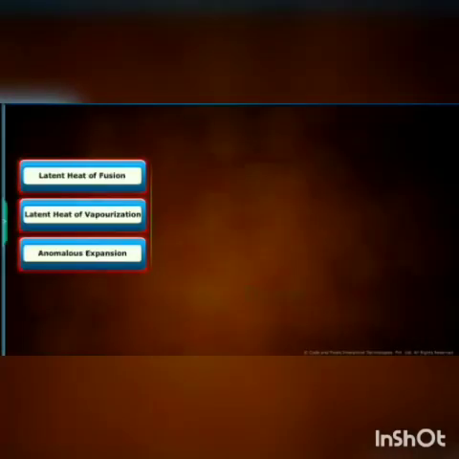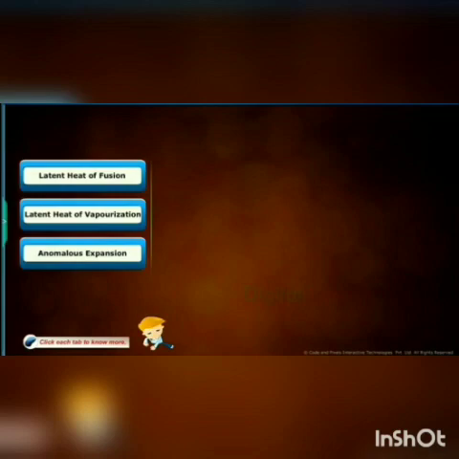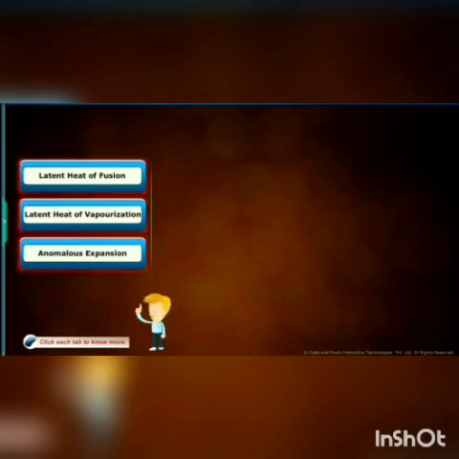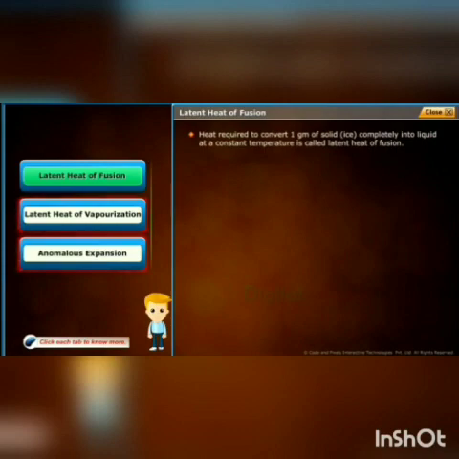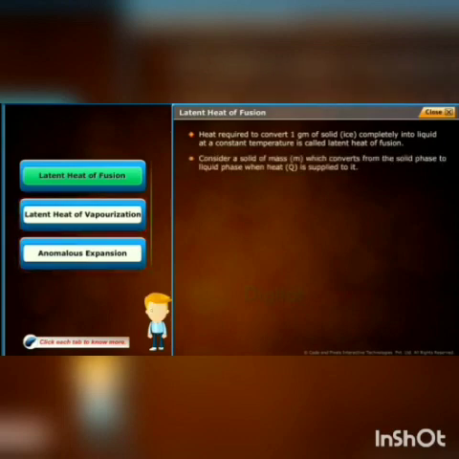Let us discuss some very important definitions: latent heat of fusion, latent heat of vaporization, and anomalous expansion of water. So, latent heat of fusion: the heat required to convert 1 gram of solid completely into liquid at a constant temperature is called latent heat of fusion.